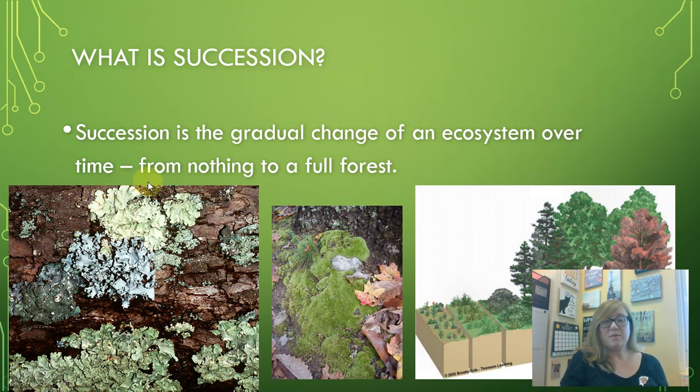The first things that come in a lot of the time are like lichen. We talked about lichen, a symbiotic relationship. There's an algae and a fungus that live together. The algae provides food and the fungus provides a handhold for the two of them to stick to and a little bit of protection. So they will actually latch on to bare rock.